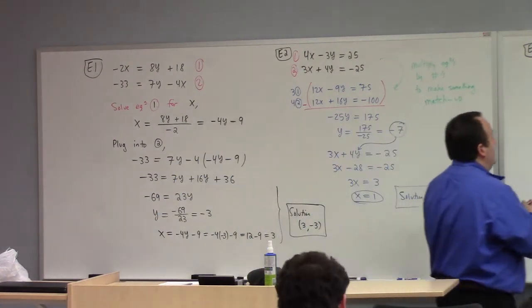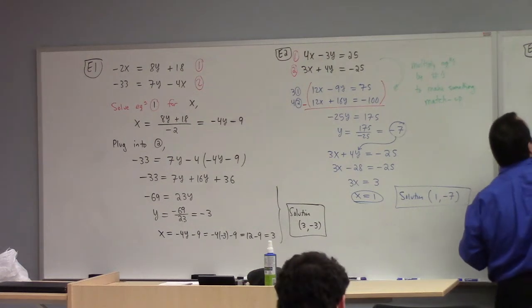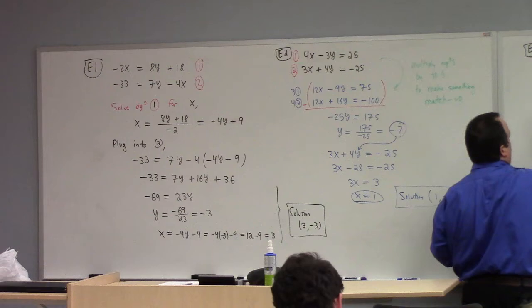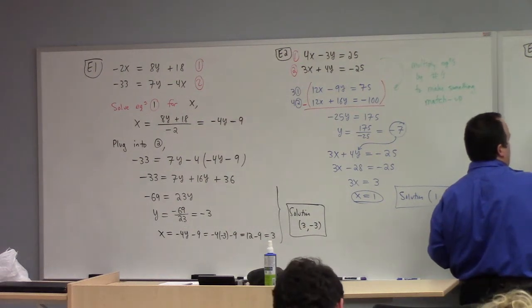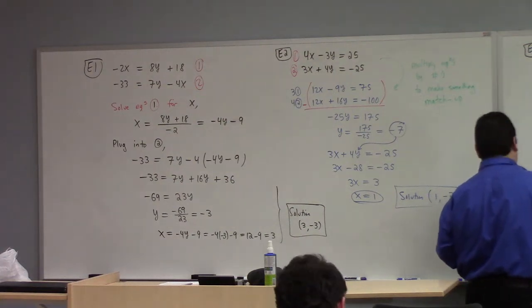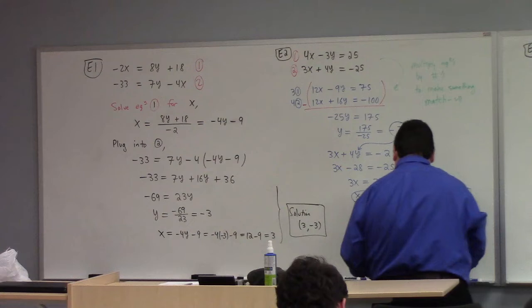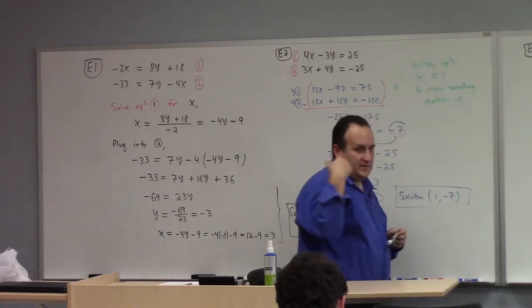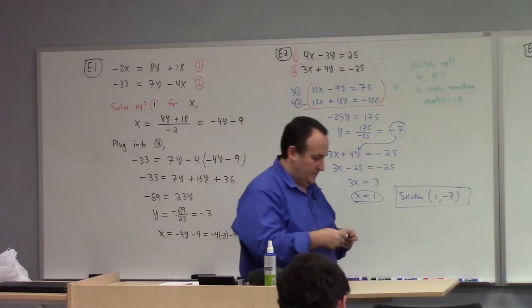Let me call this equation 1. Let me call this equation 2. So we should take 30 times equation 1, and we should multiply 20 times equation 2, right? Because that will clear the fractions. I'm going to do the fractions in my head if that's all right with you guys.